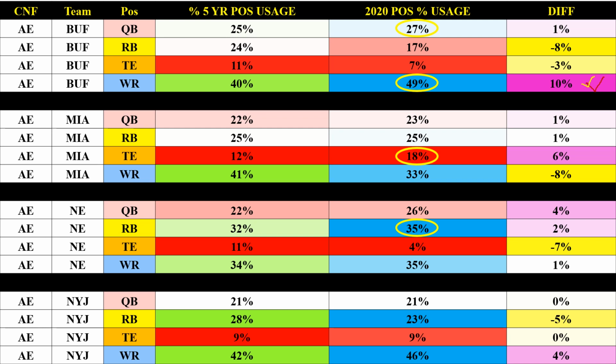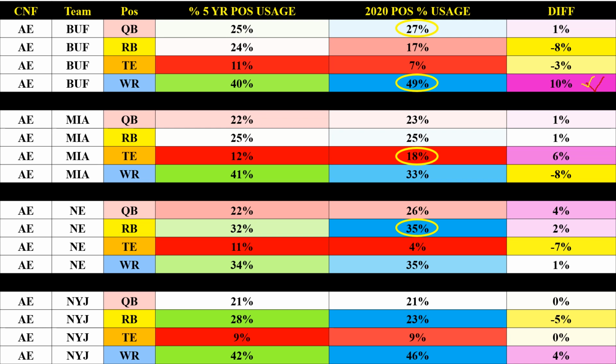Tight ends are almost non-usable, and the quarterback at 21, that's the conference low. I'm just not seeing a lot in the Jets as far as beating their conference mates. Okay, so I think just kind of think about that long term. So those are my takeaways at the conference level.